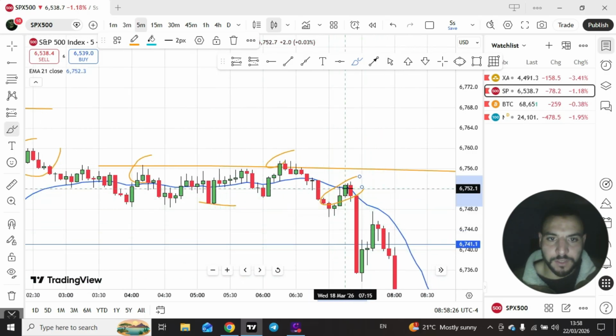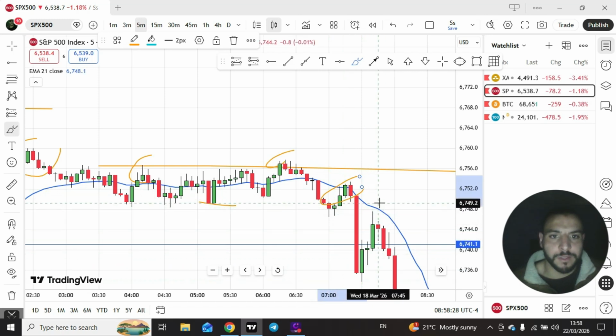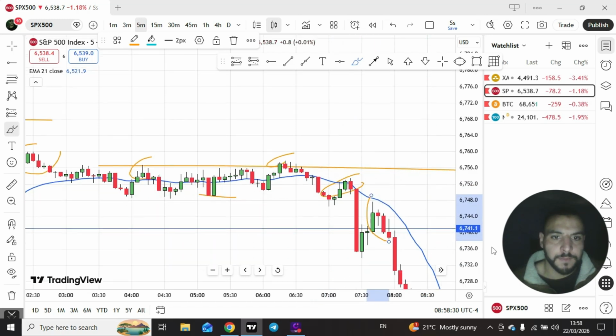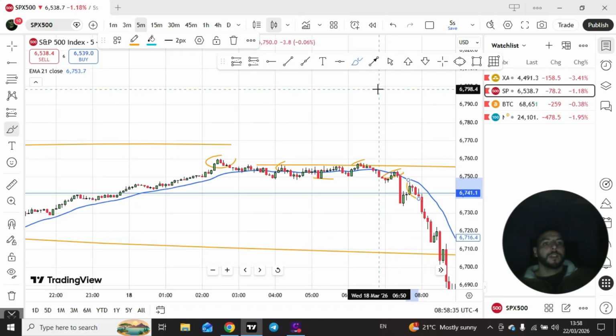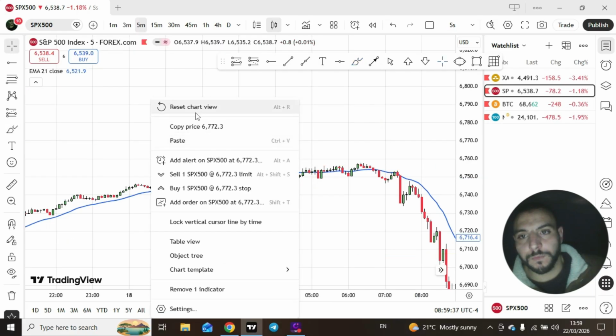And here is a first entry long pullback, second entry long fail to the EMA, and boom. And that's it. So never trade near support or resistance areas. Never go short in support areas and never go long in resistance areas.